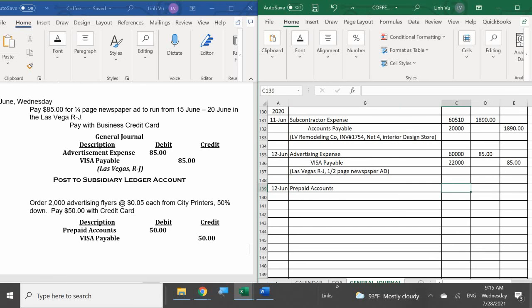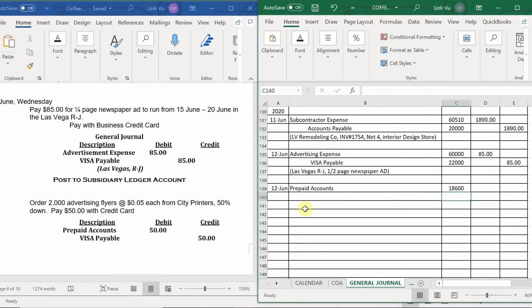Which I think is account number 18600, because that's the account we frequently use. So we have prepaid accounts and we use a business credit card once again.